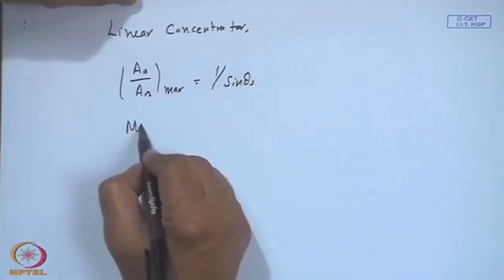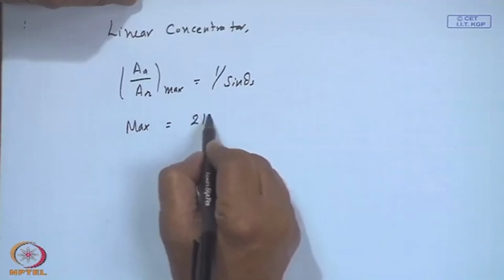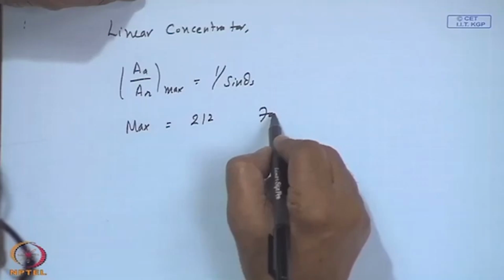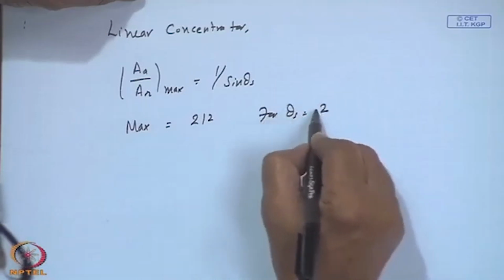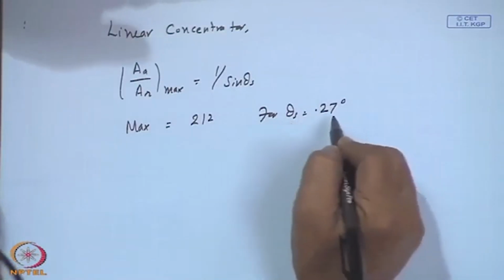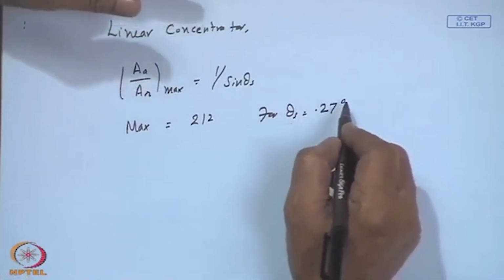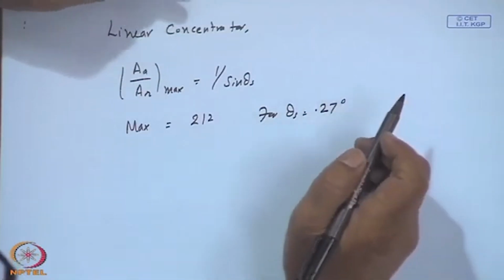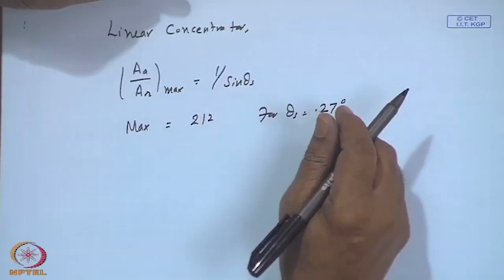The max will be equal to 212 if theta s is 0.27 degrees. Though I am writing it for theta s as 0.27 degrees, we have no option, that is the angle the sun subtends at the earth's surface. So, you have a possible 45,000 concentration ratio for a circular concentrator and a possible 212 as the maximum for a linear concentrator.